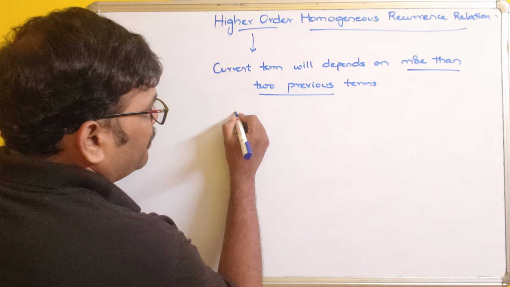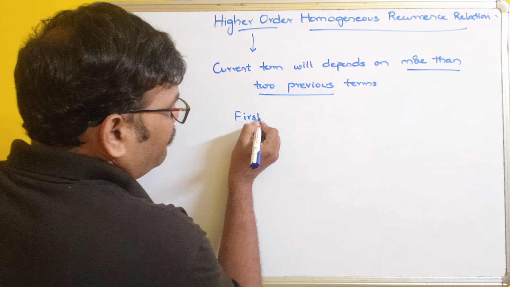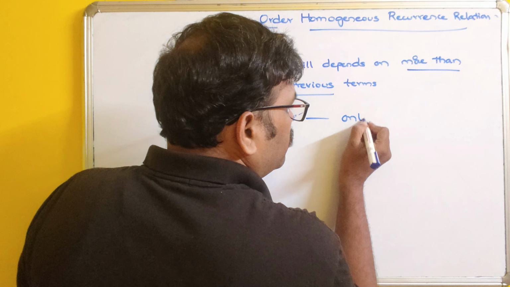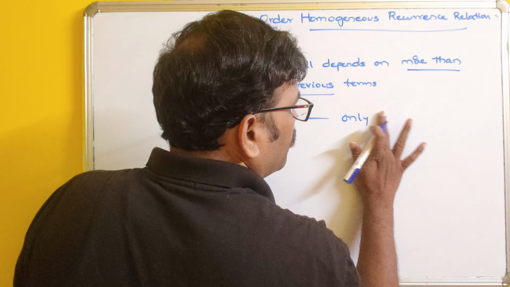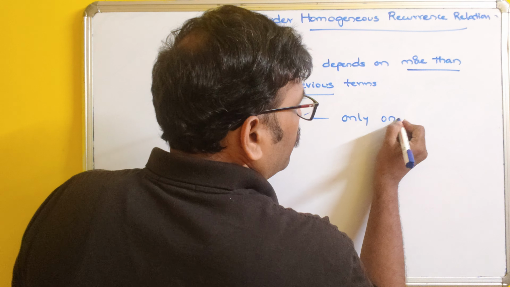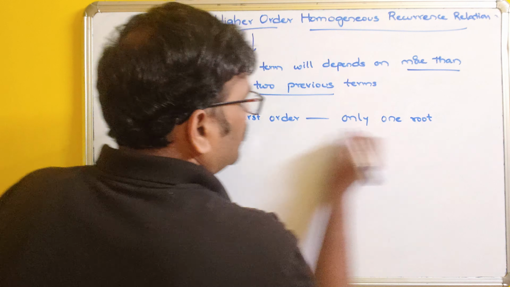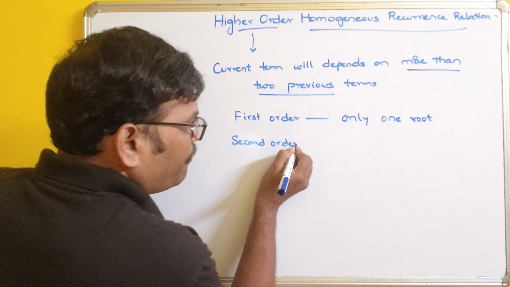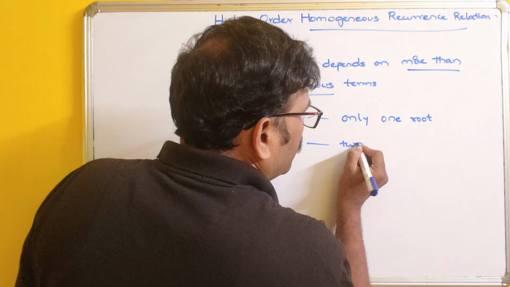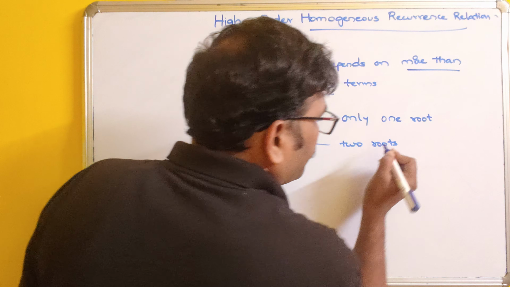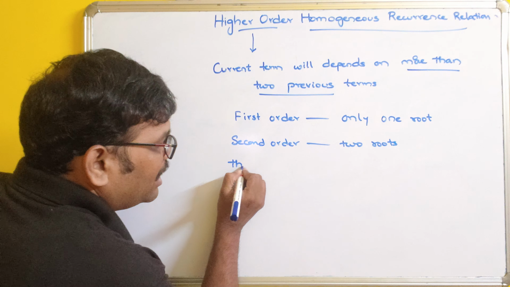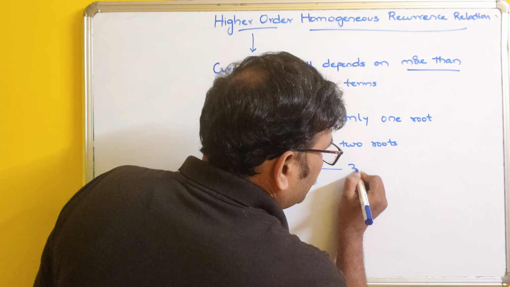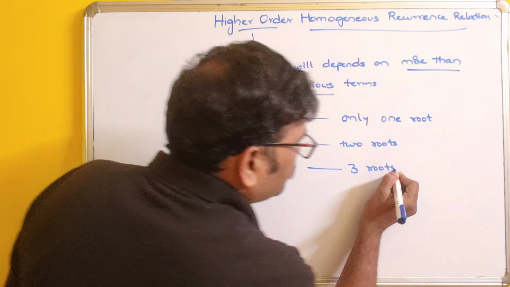If it is a first order, we have only one root. If it is a second order, it will have two roots, and if it is a third order, obviously it will have three roots.